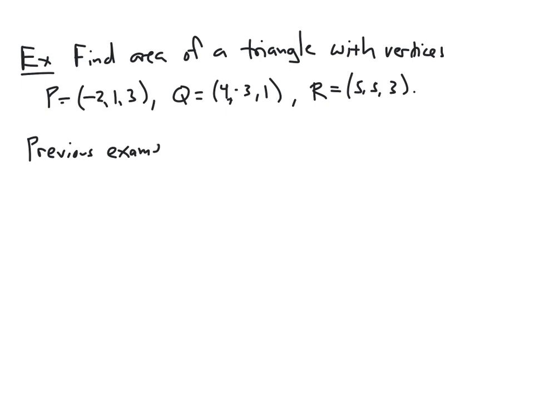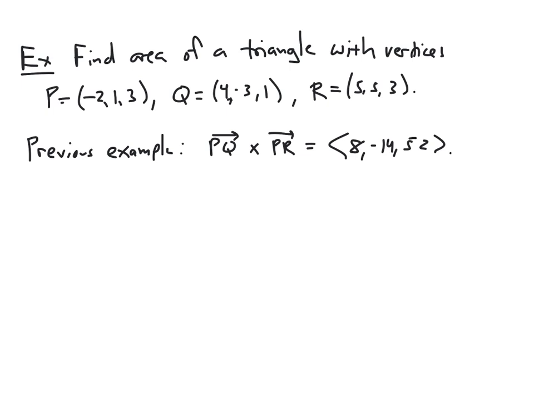I won't go through all the work here, but of course it's just computing a cross product. So we found that PQ cross PR was the vector (8, -14, 52).